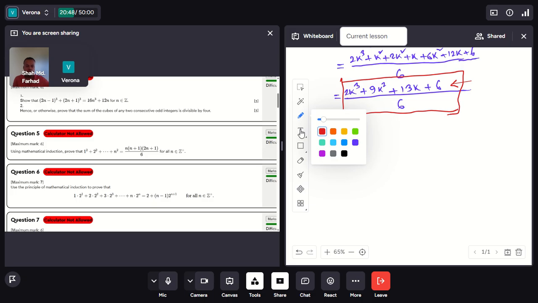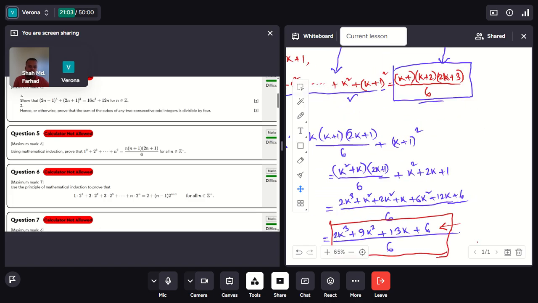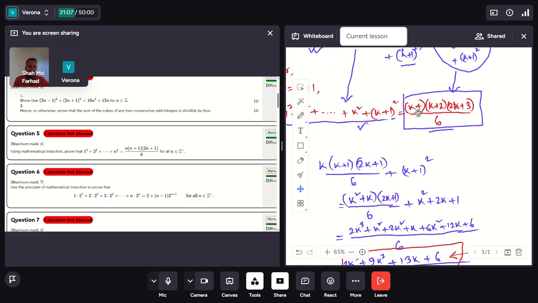Okay. So if we just focus on getting the term that is here, we have to just find out factors. Oh, sorry, here one is missing. Okay, k plus 1 and then k plus 2, then 2k plus 3.